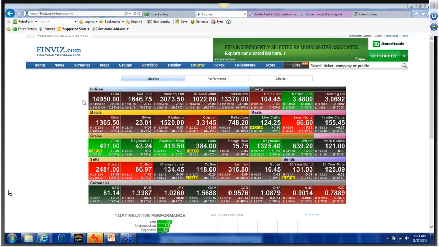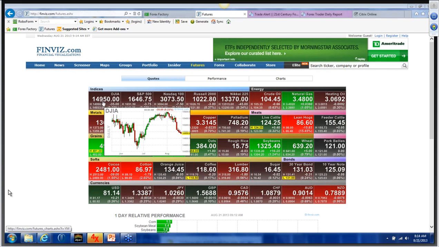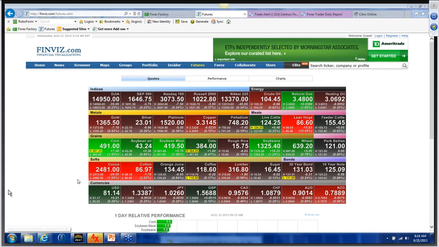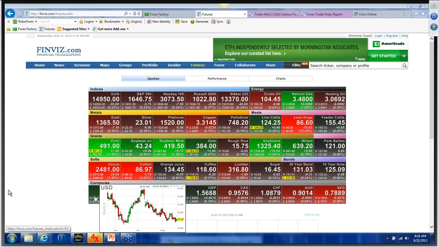So right now today we're seeing the Dow's down. We've actually broken below 15,000. That's a major level for us, by the way. So we see the Dow's down, crude's down, gold and silver are down, and we're seeing dollar strength. That's how it should look typically. So we've got a negative futures market and we've got positive dollar. Sometimes you'll see a negative market and you'll see the dollar just hanging around zero, or maybe even moving down too.